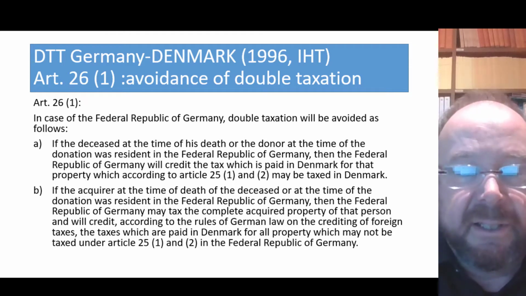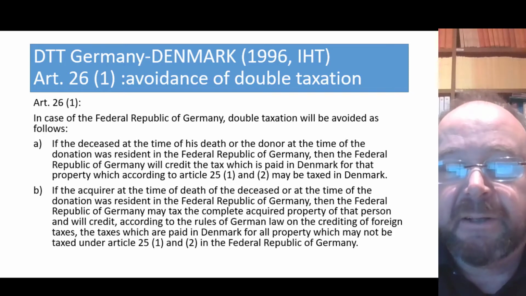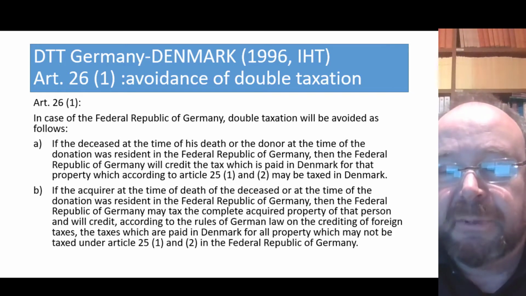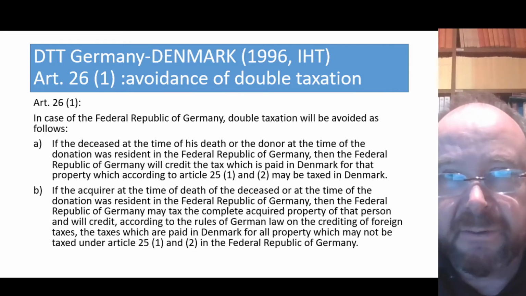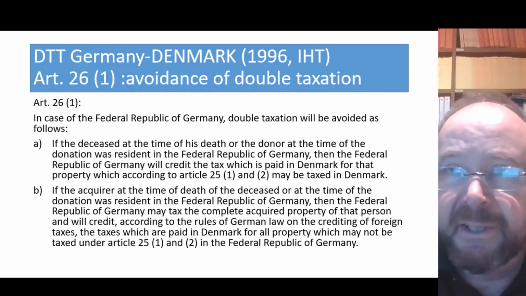So here 26(1) letter B, if the acquirer at the time of death was resident in Germany, then the Federal Republic of Germany, the state of the acquirer, is the third in the sequence.